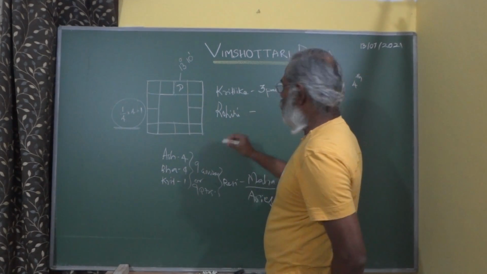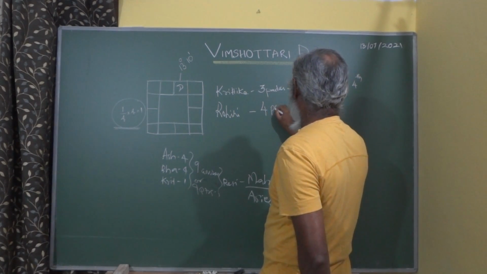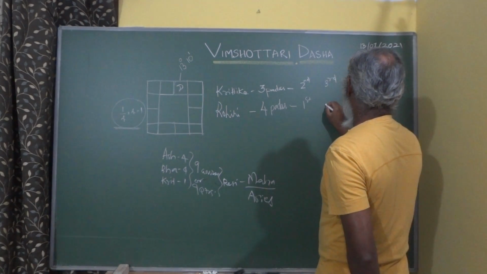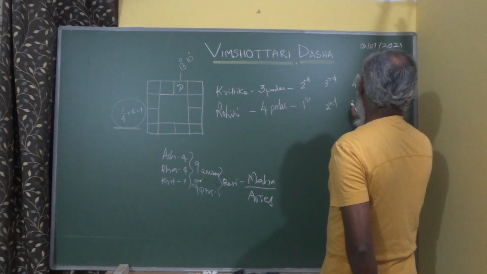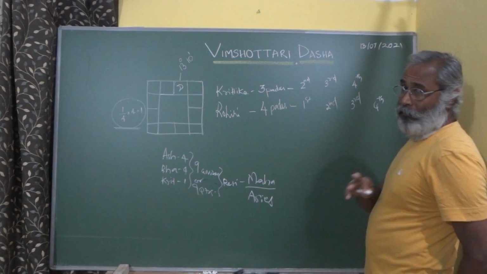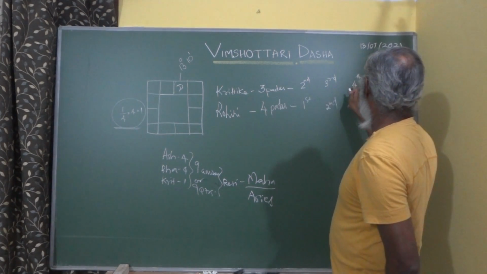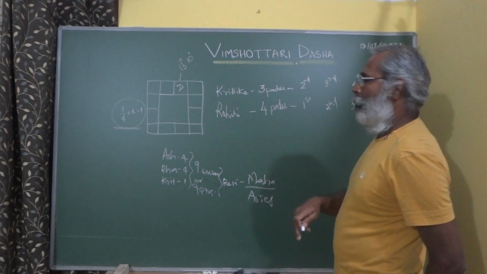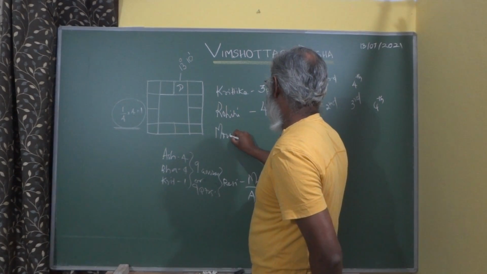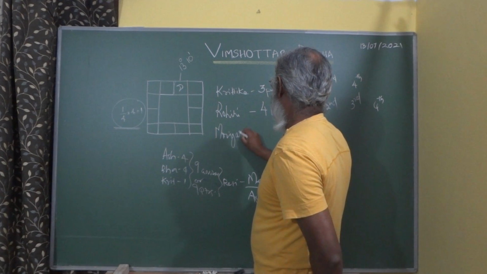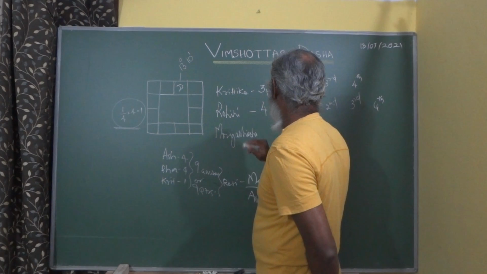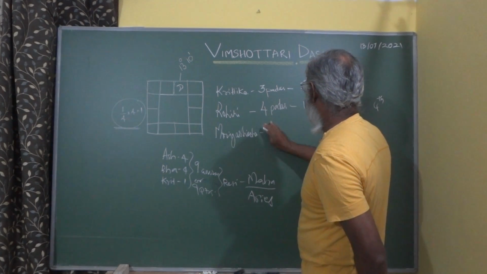Rohini means all 4 padas of Rohini, that is first, second, third and fourth. How many? It should be 9. So 1, 2, 3, 4, 5, 6, 7. So the next nakshatra is Mrugashirsha. Again, we have only 2 padas.